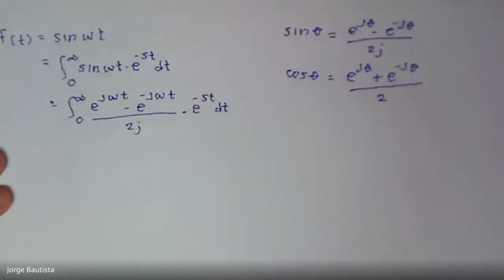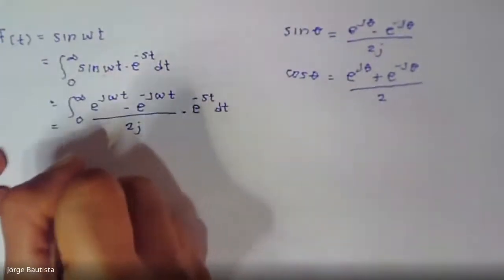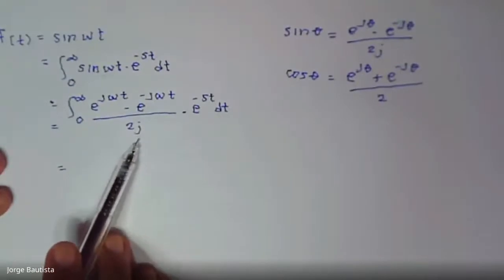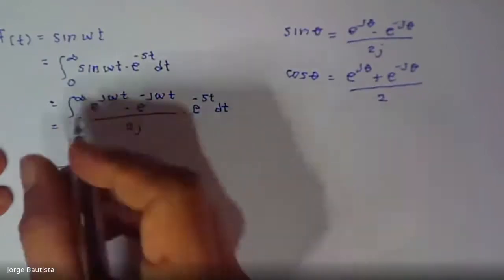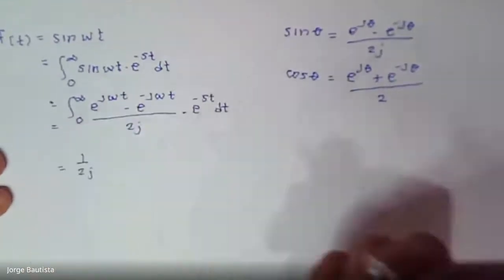Right? The equal sign should be here. The 2j is a constant, since j is the square root of negative 1. So we can take it out: 1 over 2j.